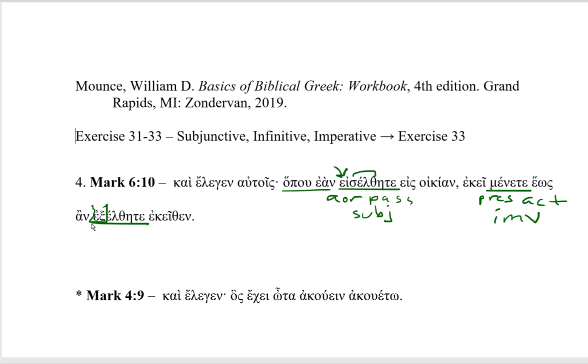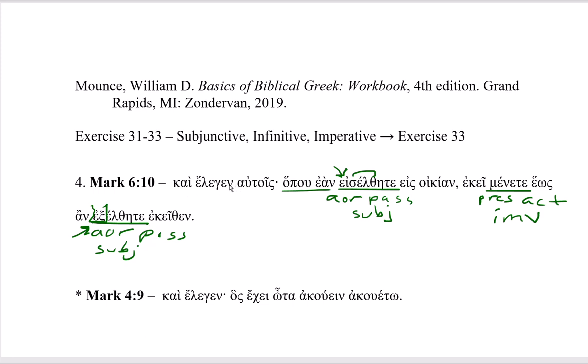So eiselthete is go in and exelthete is go out. This is also an aorist active subjunctive from exerchomai. So we have until, whenever, or until indeed you go out, ekeithen, thence or from there.